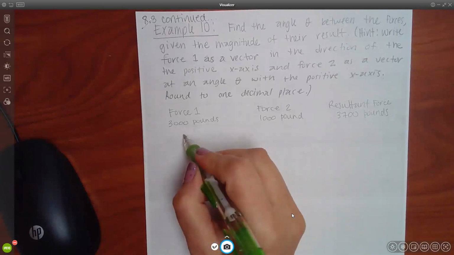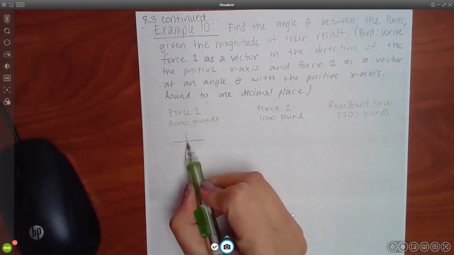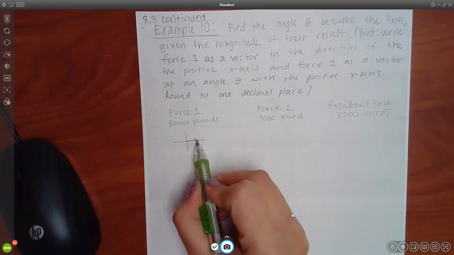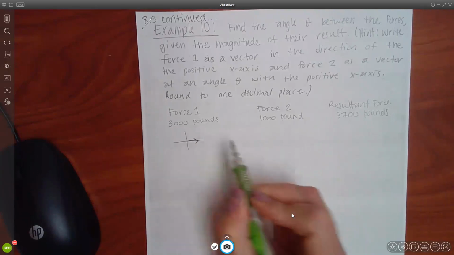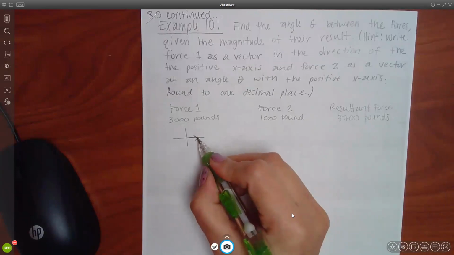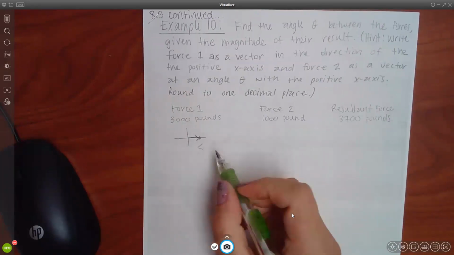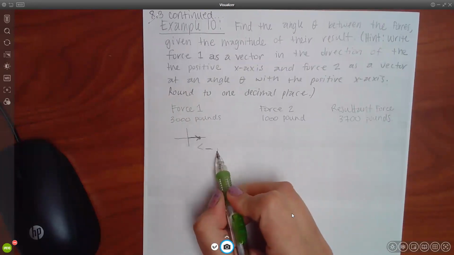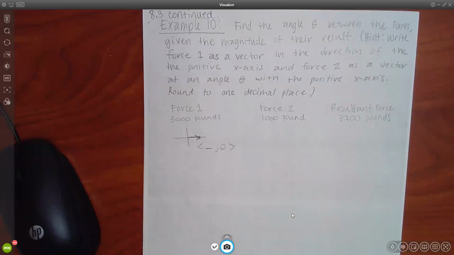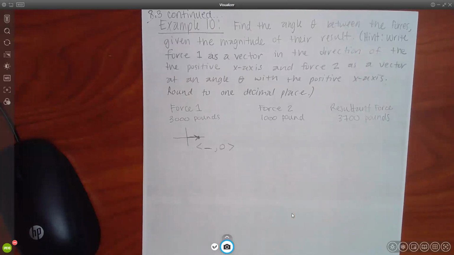So it means for the first one, you're going to want to have that vector on top of the x-axis just like this. So if you're figuring out what its coordinates are, it's going to have some kind of x coordinate, but it is not going to have a y coordinate. If my terminal point is on top of the x-axis, there is no y value, right? That y value there is 0, okay?